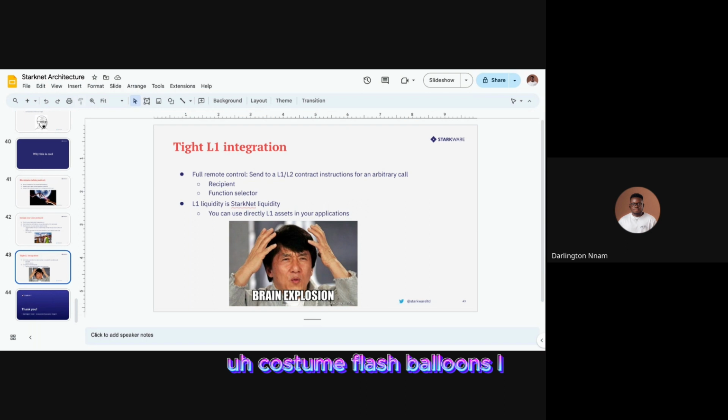Cross-layer flash loans, I think that would be impossible at the moment. It would probably have to be on Starknet alone, but cross-layer flash loans don't sound like a possibility at the moment. Yeah.